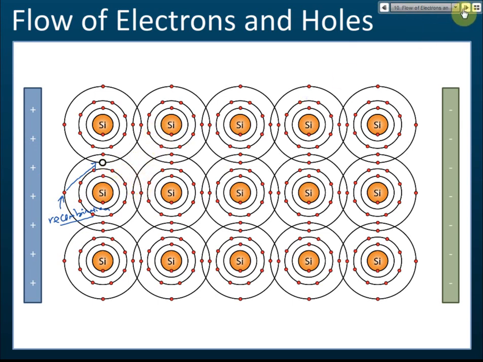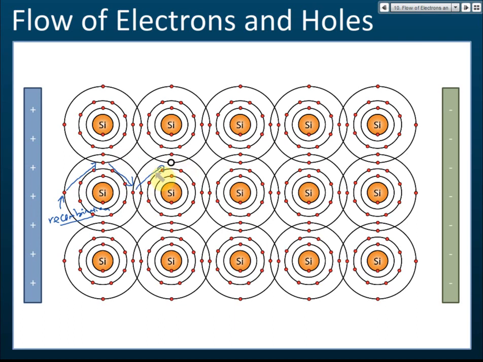Let's say the electron from here goes inside here. Now the hole has come here already. Again, the electron from here goes here, and the electron from here goes here. Then the hole is here already. So you see the hole is moving, from here to here, then from here to here, and then to here.